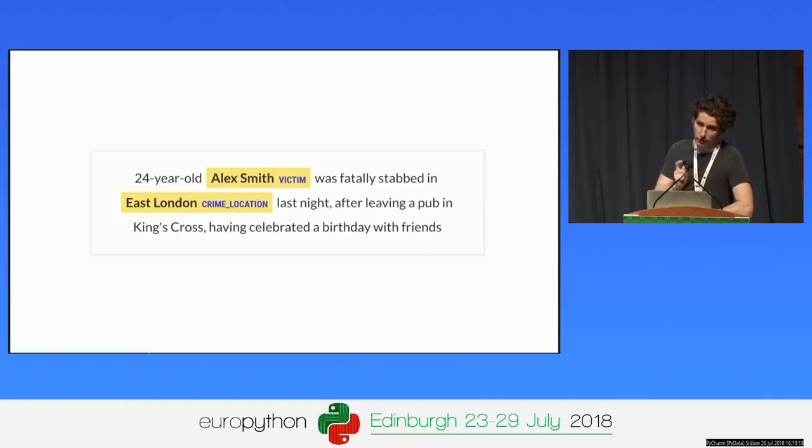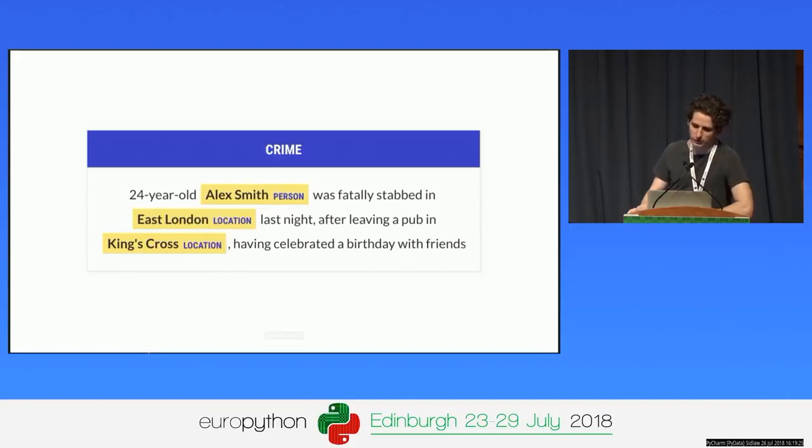Now, I suggest that this is quite likely to be a non-ideal way to approach the problem. So instead, I suspect that it's actually going to be better to do this. Apply a label of crime to the whole text, and then apply more generic labels to the individual entities. So apply the label person to the entity Alex Smith, the label location to the entity East London, and also the label location to King's Cross.